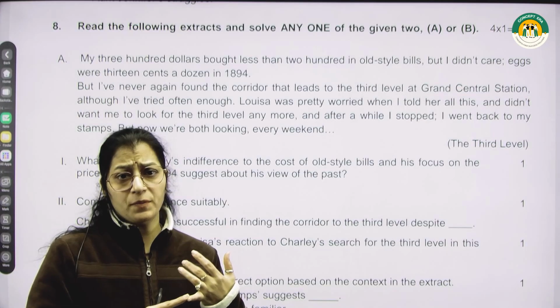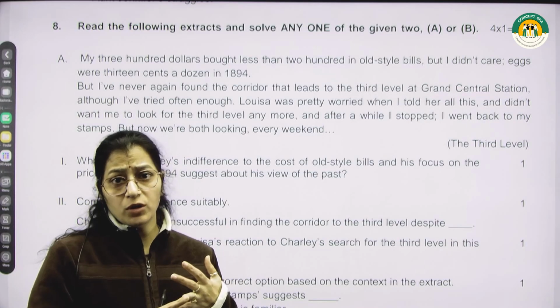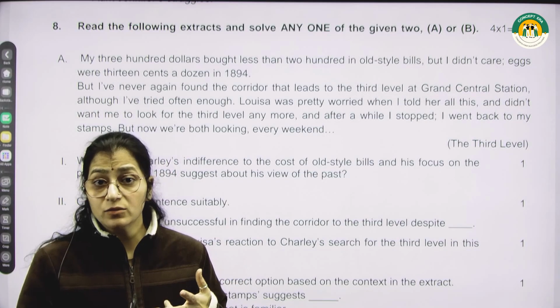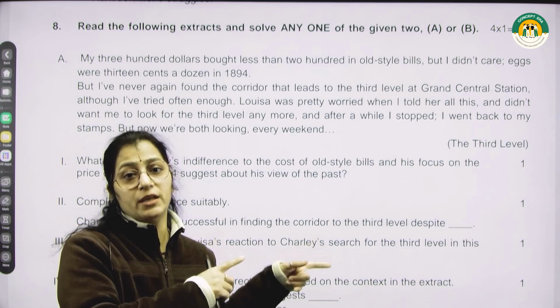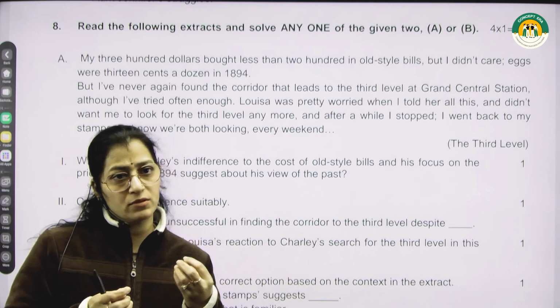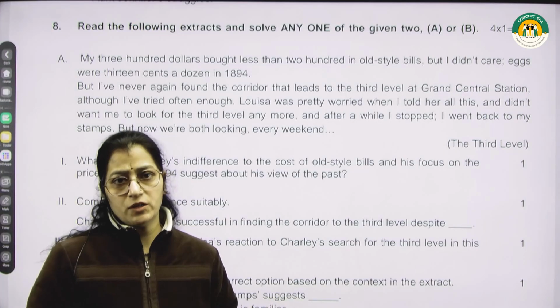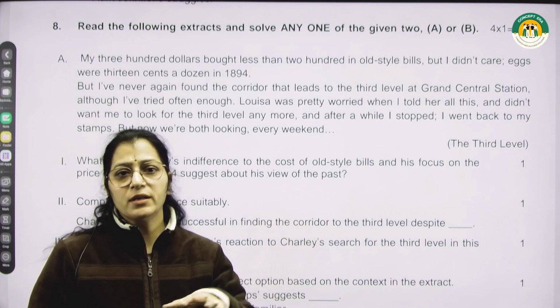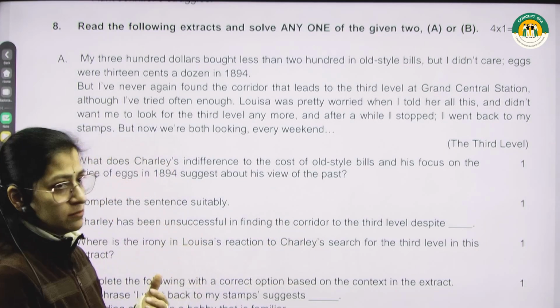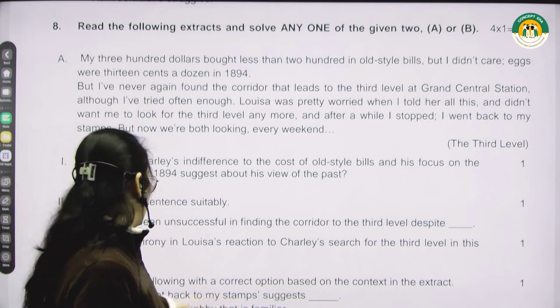It was cheap, right? It was peaceful, and the commodities were very cheap in those days. Commodities means the daily necessities, things which they need to purchase. So the daily commodities were very easy to get at a very cheap, affordable price.